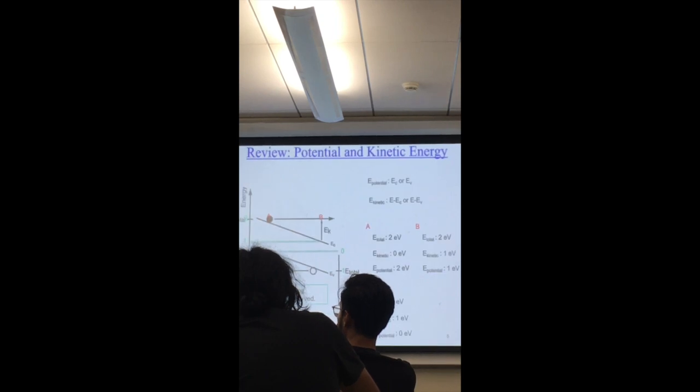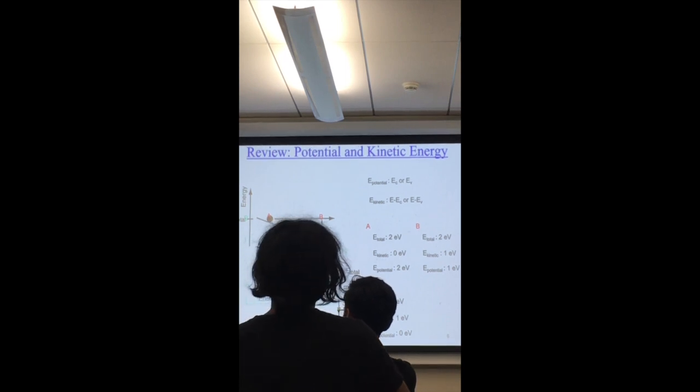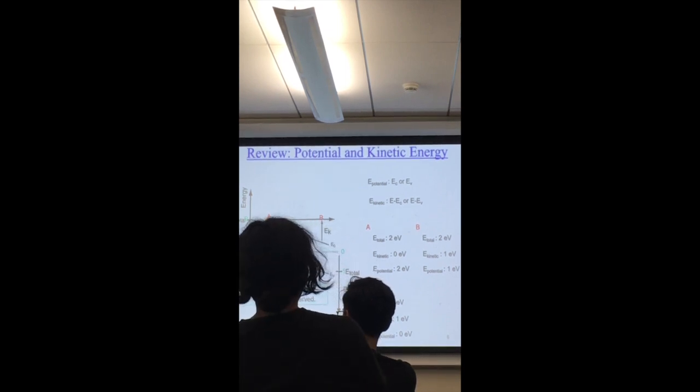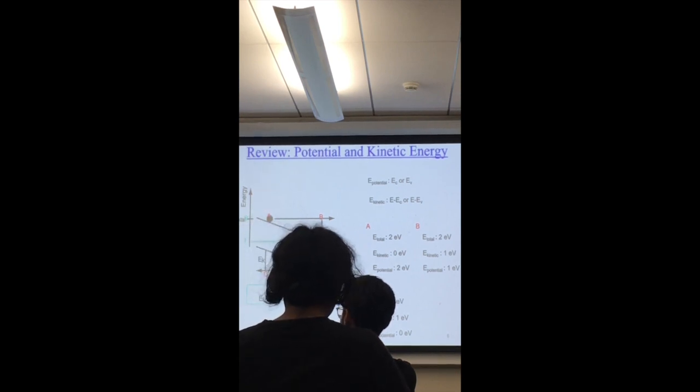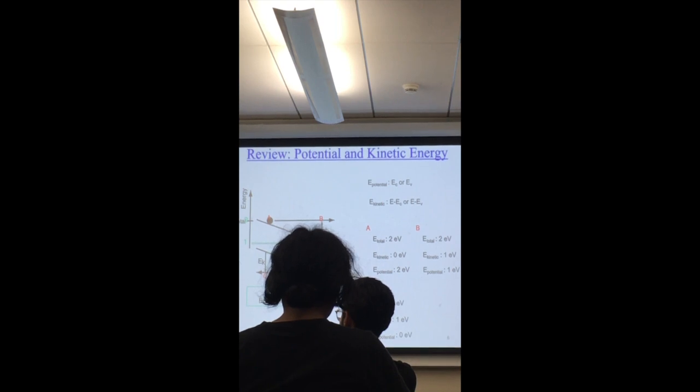Also we discussed the potential and kinetic energies in this band diagram, and you should be able to determine these values. The potential energy is just EC or EV. You draw a vertical line and a horizontal line to find the corresponding EC value.